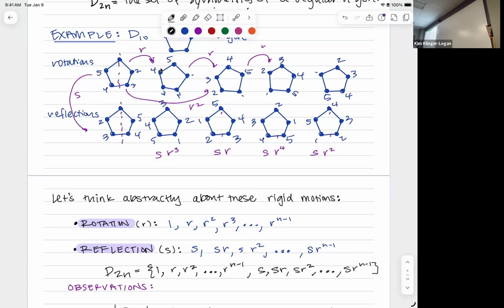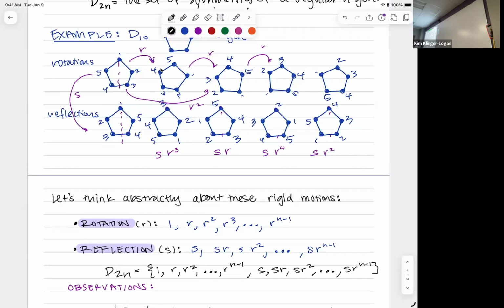And swap the order of operations, right? So, of course, if I were just looking at the rotations, that's going to be abelian, because if I apply r cubed and then r squared, that's going to be the same thing as r squared and then r cubed. That composition is going to work out just fine. But the worry is when I start moving reflections and rotations.